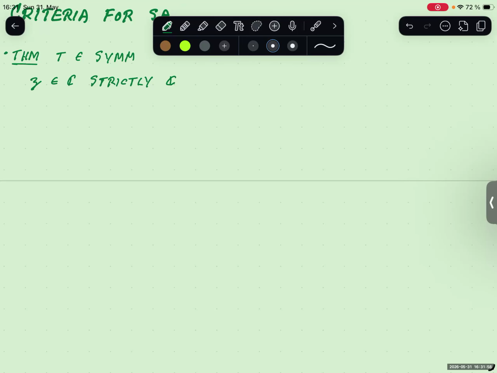Following, the following are equivalent. First one is: T is self-adjoint.